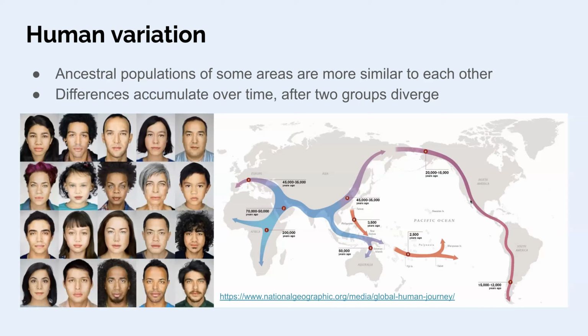And so they'd accumulate genetic differences just through random chance, random accumulation of mutations or differences, sometimes adaptive, a lot of times not particularly adaptive.